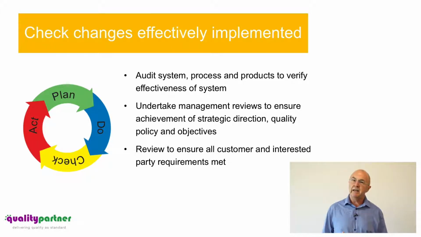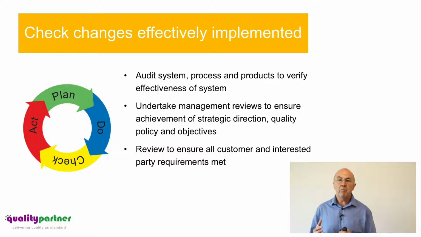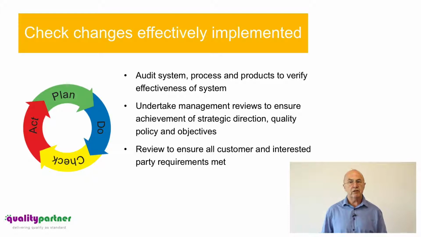The next thing that we need to do is to make sure that we undertake a management review to ensure that we've not just defined the organisation's strategic direction, we've not just defined the quality policy, and we've not just defined the quality objectives, but we are meeting the organisation's strategic direction, we're meeting the intent of the quality policy, and importantly, we're meeting the quality objectives related to effectiveness and efficiency.